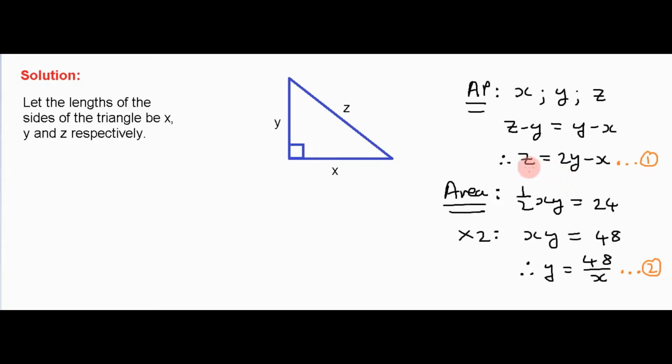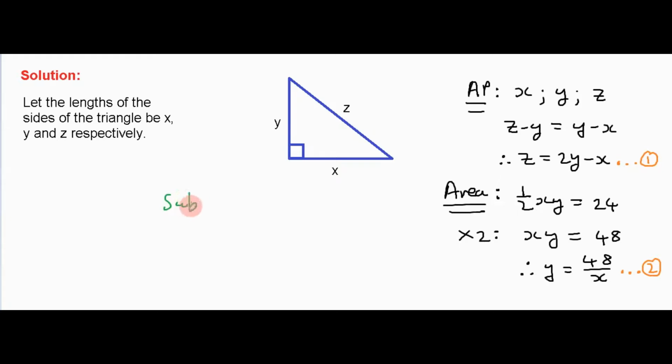Now note that here we have z equals 2y minus x. And here we have y equals 48 over x. So we can substitute equation 2 into equation 1 and eliminate one of the unknowns, namely y.